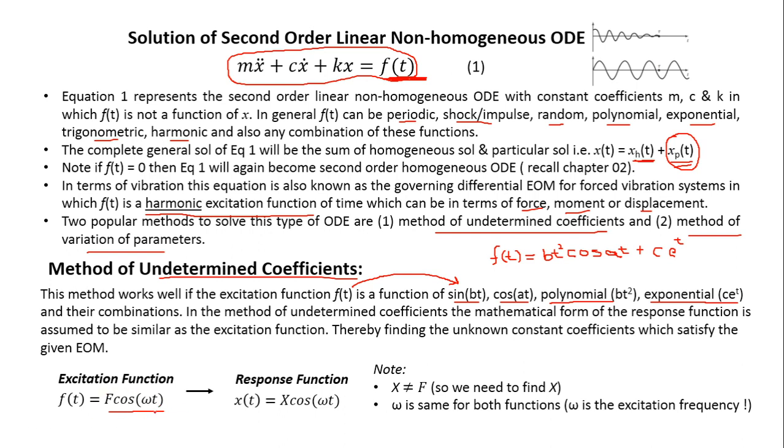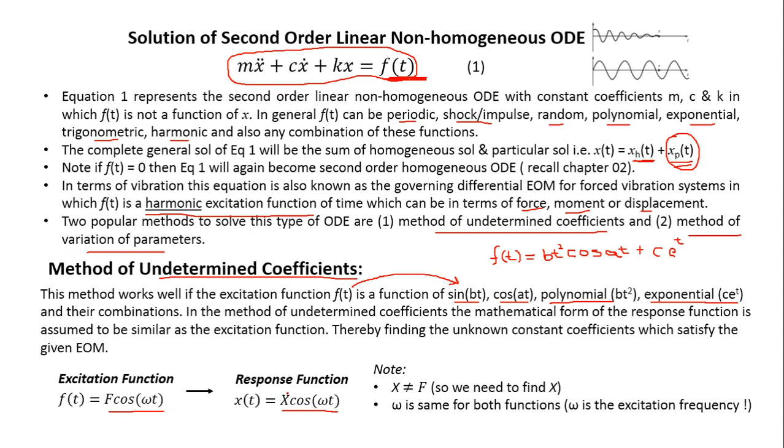So if the excitation function is given like this, then by looking at the form of the function F(t), we can assume a solution. We assume that the response of this equation 1 can be written as capital X cos omega t, where this omega and this omega are the same thing, and this X is the amplitude of forced vibration.